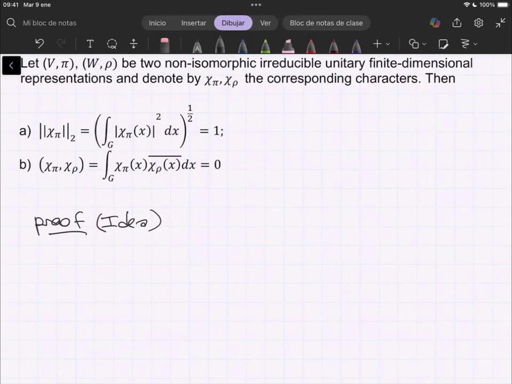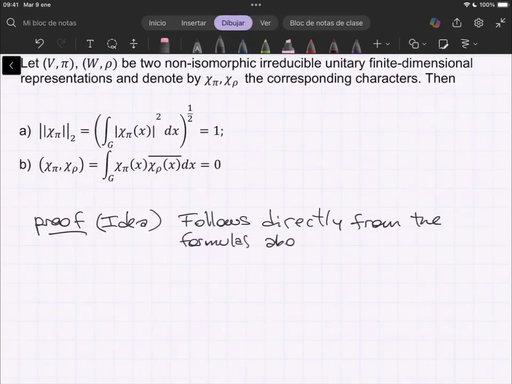Okay, so the thing is it follows directly from the formulas above. Let's see how.